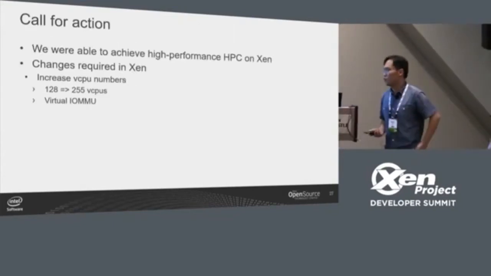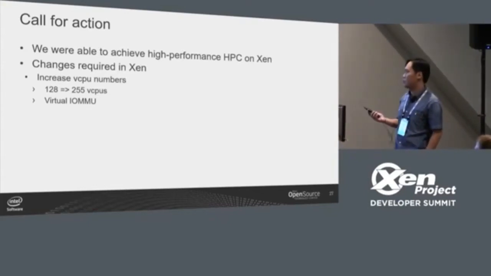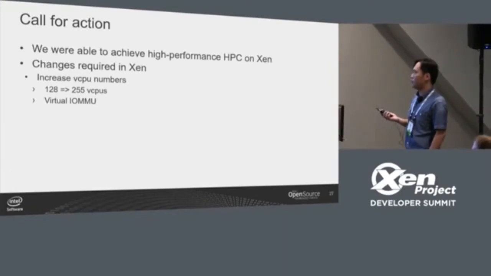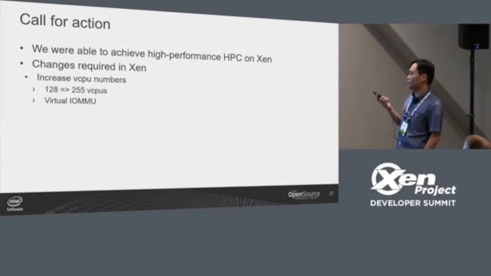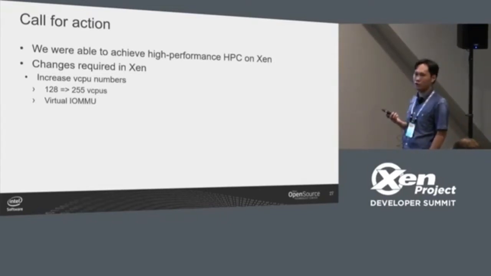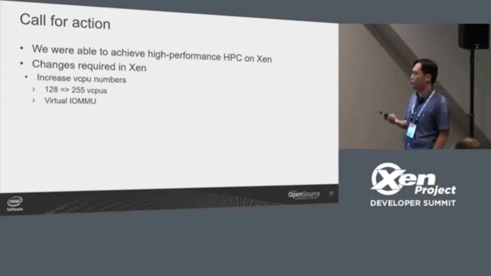Call for actions. We are able to achieve high performance HPC on Xen, but some changes are required in Xen. First is increasing the vCPU numbers. This task can be divided into two parts. First is increasing from 128 to 255 vCPUs. This task doesn't require new features.